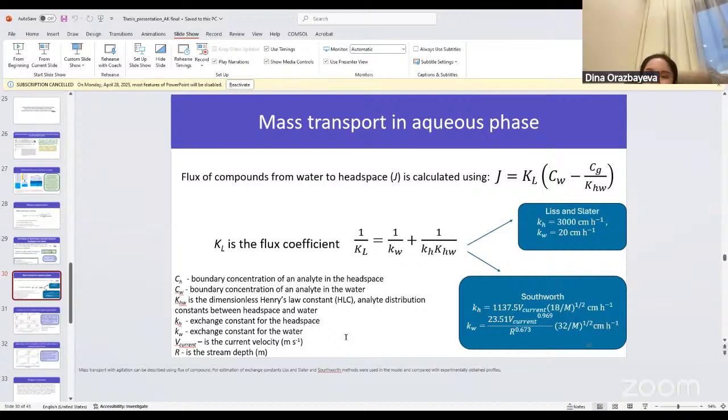So where in COMSOL did you input the stirring rate, this RPM? In mass transport, to define the flux of compounds, we used stirring speed, and then to describe the mass transfer from water to headspace.